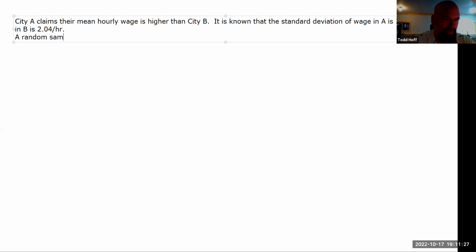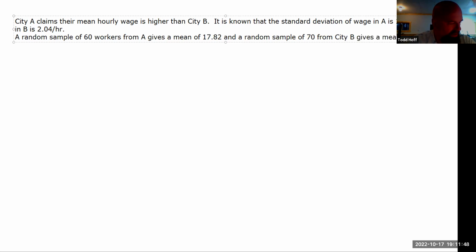A random sample of 60 workers from city A gives a mean of 17.82, and a random sample of 70 from city B gives a mean of 17.99.